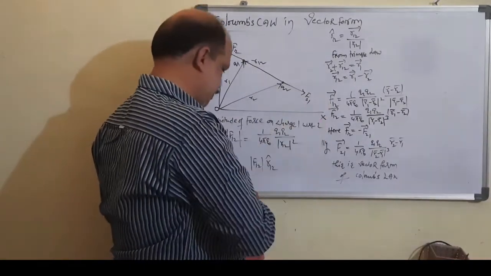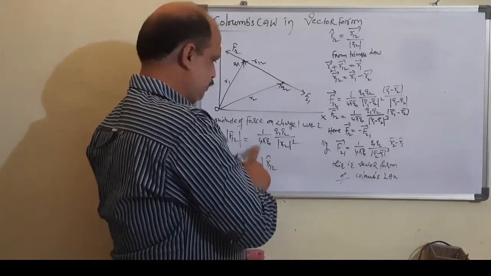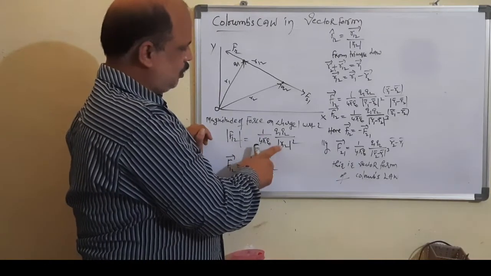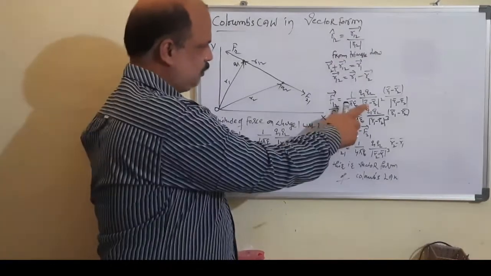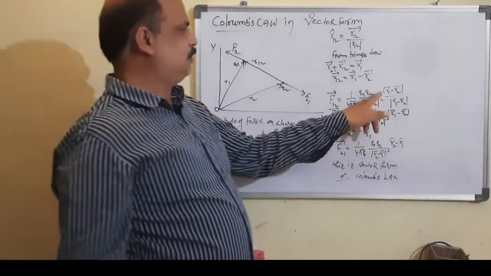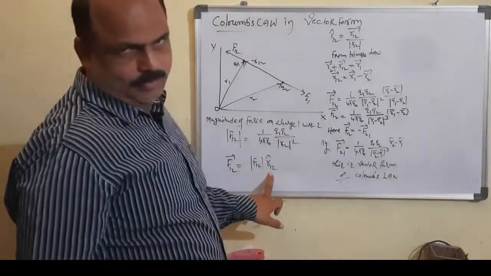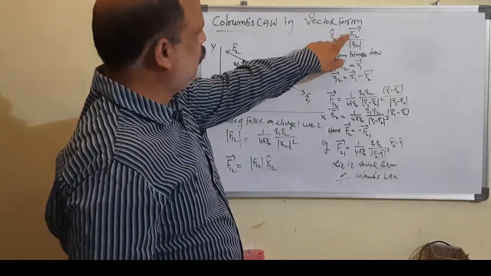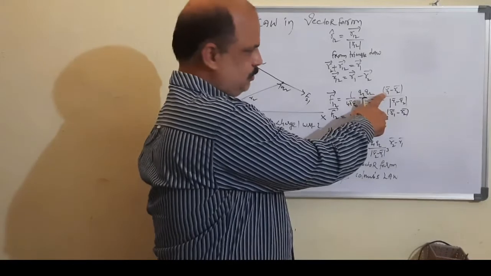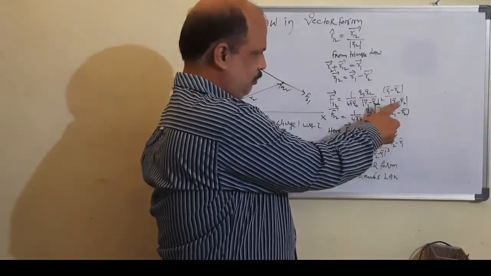So F12 bar, with magnitude mod F12, is equal to 1 by 4 pi epsilon naught Q1 Q2 by R12 whole square. R12 means what? Mod R1 bar minus R2 bar whole square, into R12 cap. R12 cap means what? R12 bar by mod R12. That means R1 bar minus R2 bar divided by mod R1 bar minus R2 bar.